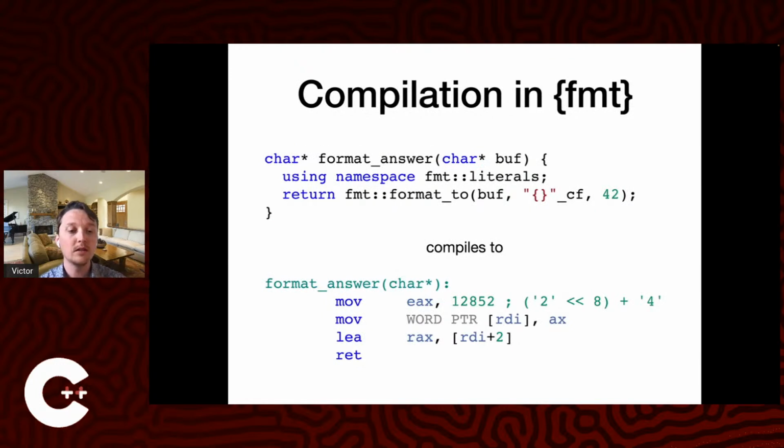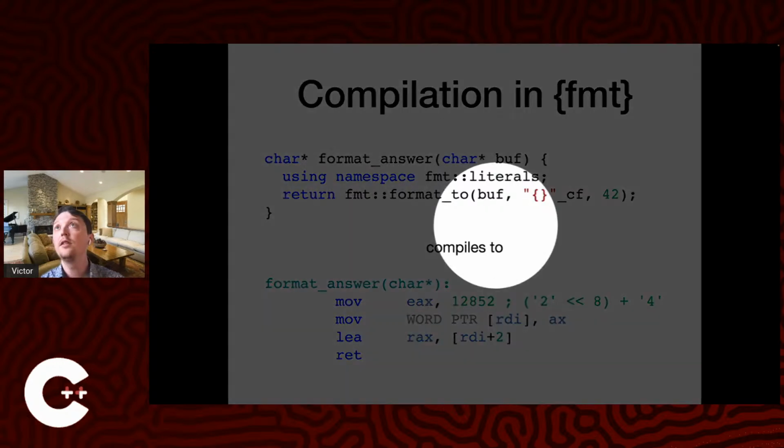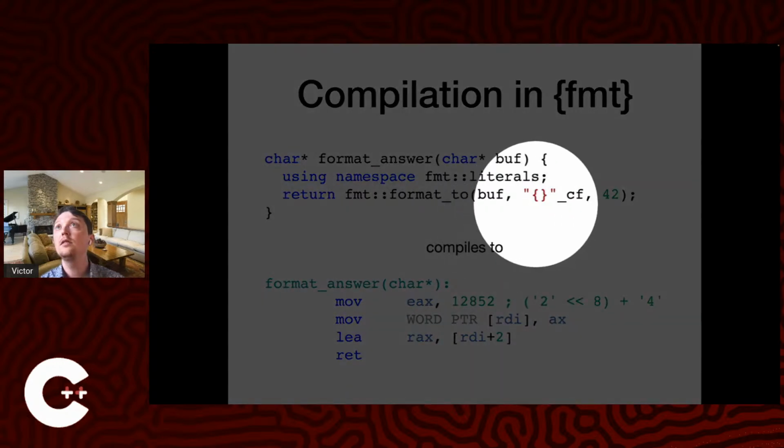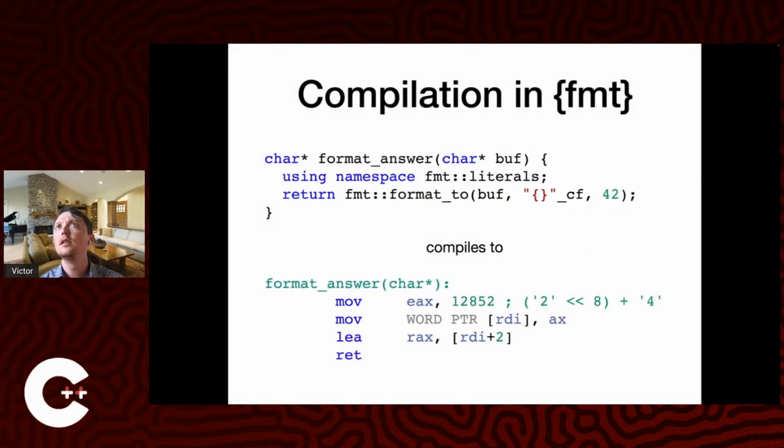Again, we can do better than printf, and here is an example. The cf user-defined literal here is defined in the fmt literals namespace, and it stands for compiled format. As the name suggests, it enables format string compilation.